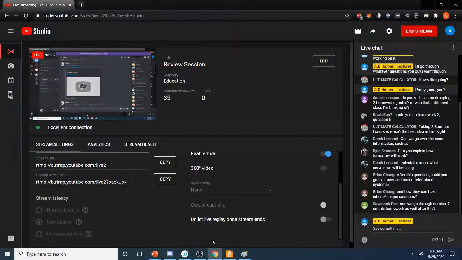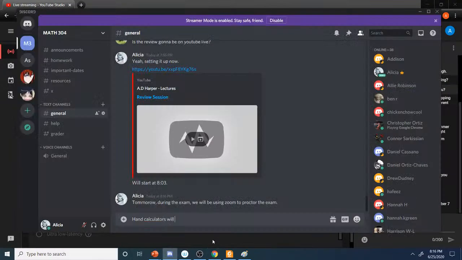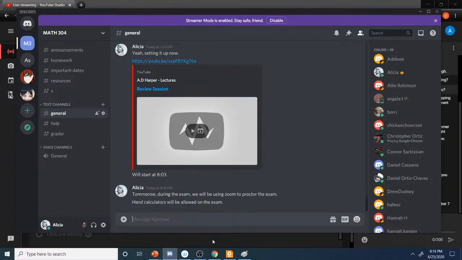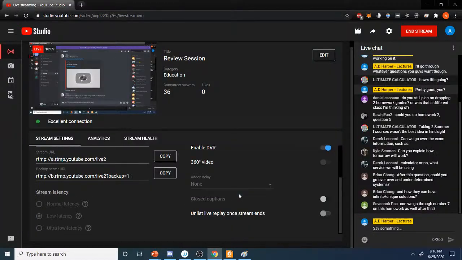I think I said that at one point before, but I'll say it again. Hand calculators will be allowed in the exam, but you can't use anything like Wolfram Alpha that requires your PC/phone.